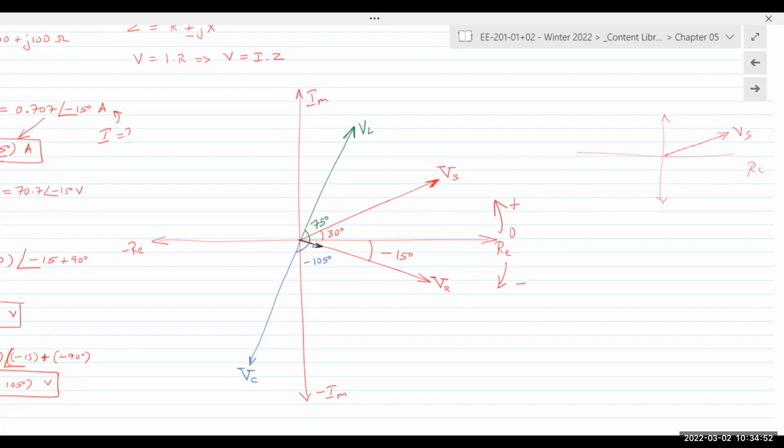And so VL is 90 degrees ahead of I, which is what it should be. ELI the ICE man again: voltage for an inductor is 90 degrees ahead of the current. Capacitor is 90 degrees behind. So VC is minus 105 with respect to the real axis. Minus 105 gives us minus 90 between the current I and VC.